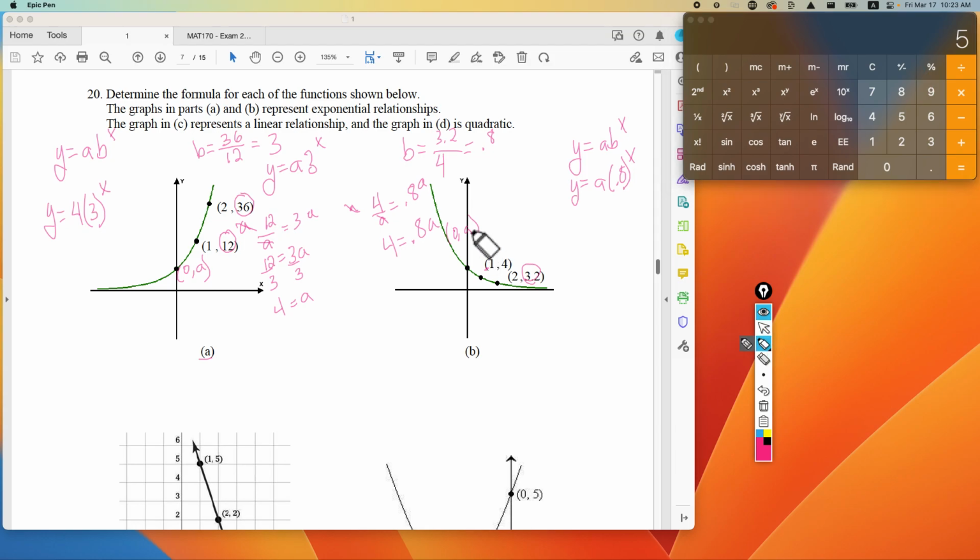So what we found is that a equals 5. Okay, so our full equation is going to be y equals 5 times 0.8 raised to the x. So that's how we do an exponential. The next two, let me clear these out.